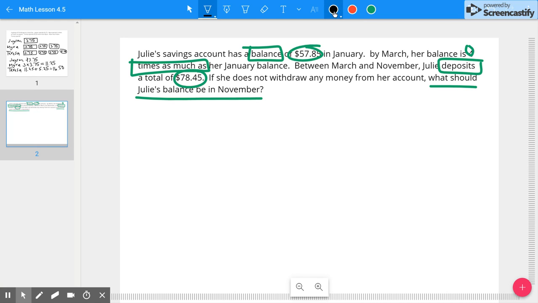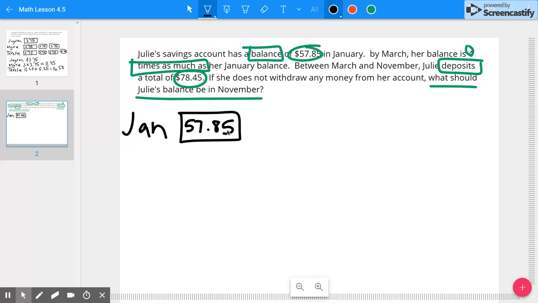So when I start my graphic organizer now, I'm going to start with the month that it first talks about. It says January is first, so I'm going to abbreviate that as JAN. In January, I'm going to draw a box to represent what she had in January. She had $57.85.